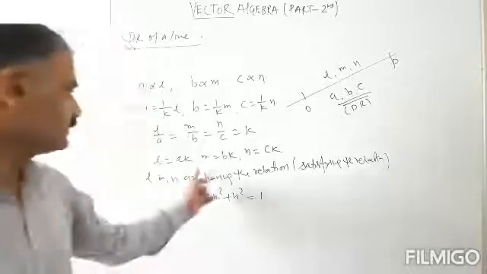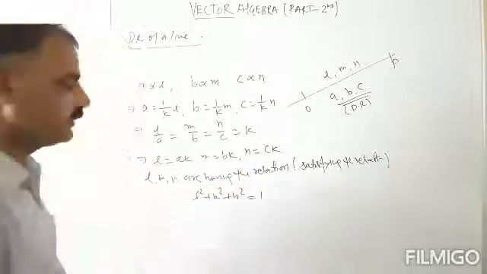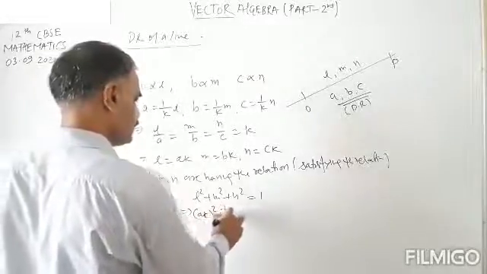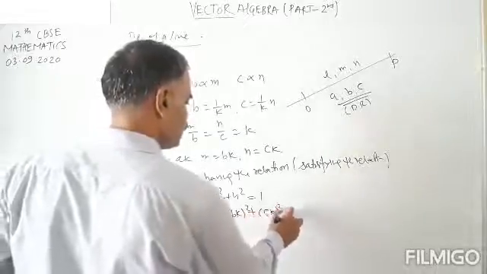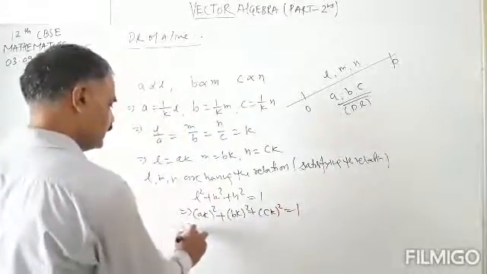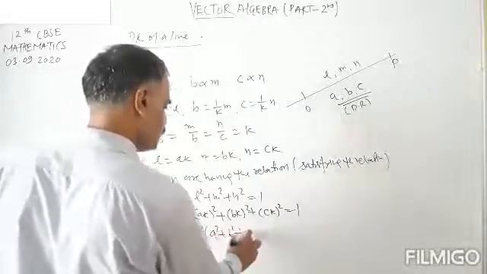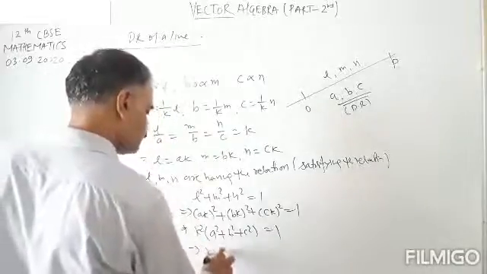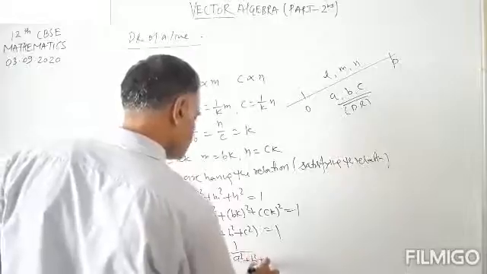Now putting this l, m and n in place, we get (ak) whole square plus (bk) whole square plus (ck) whole square equals 1, and taking k square as common, k square times a square plus b square plus c square equals 1, implies that k square equals 1 upon a square plus b square plus c square.